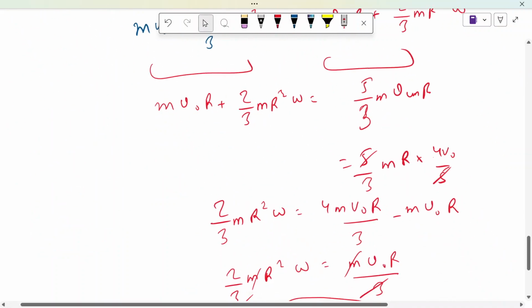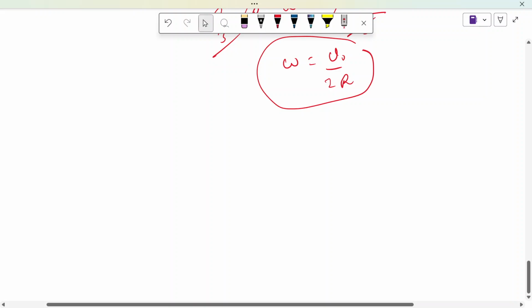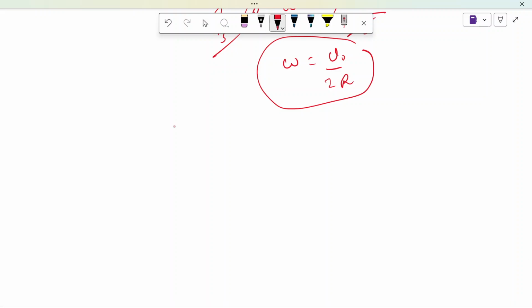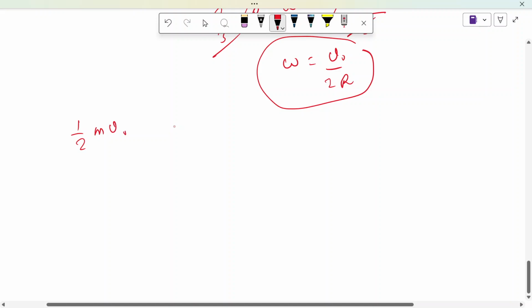So for calculation of the energy lost because of friction, what we can do is just subtract the initial and final kinetic energy. The initial kinetic energy of the spherical shell is 1 by 2 m v naught square plus half Icm omega square, and the final energy is 1 by 2 m vcm square plus half Icm omega squared.